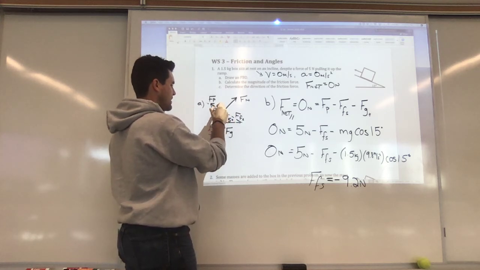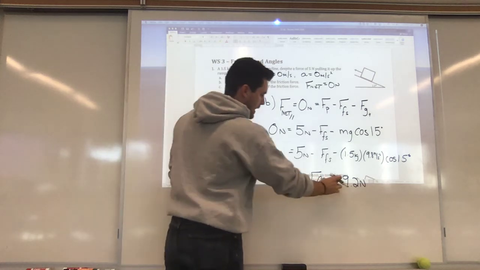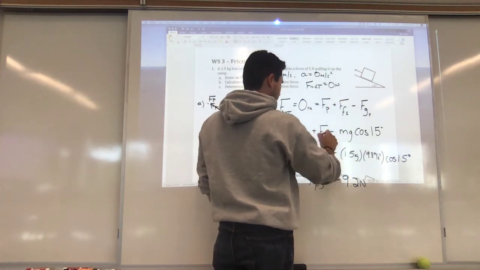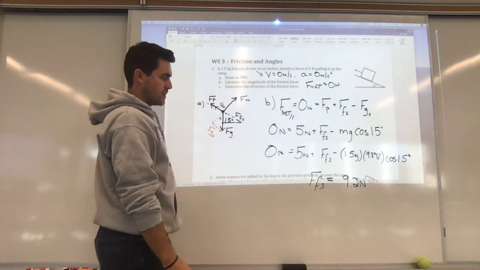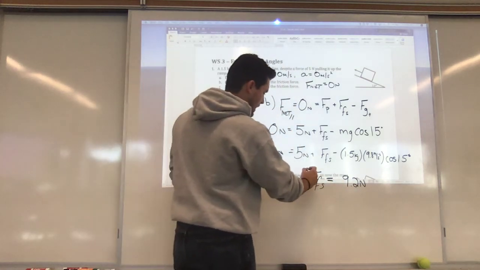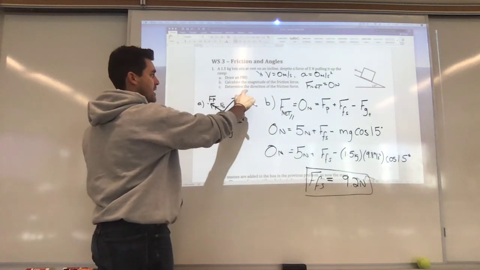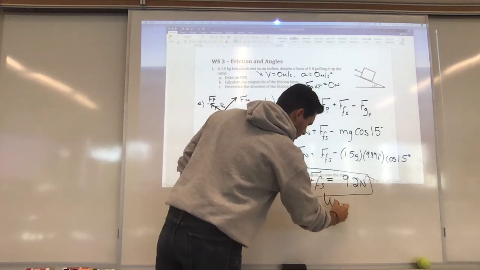The force of friction is actually also up the ramp. And if we change that, up the ramp, now we see our force of static friction is 9.2 newtons. Determine the direction of the friction force: up the ramp.